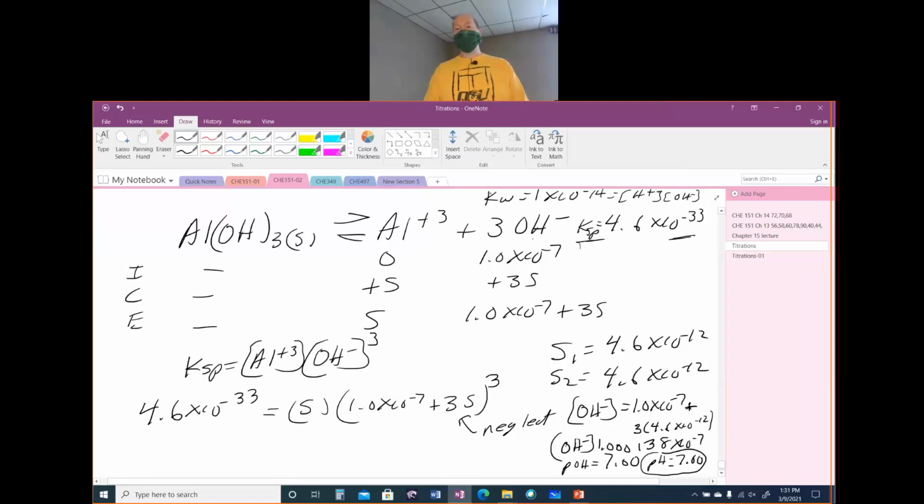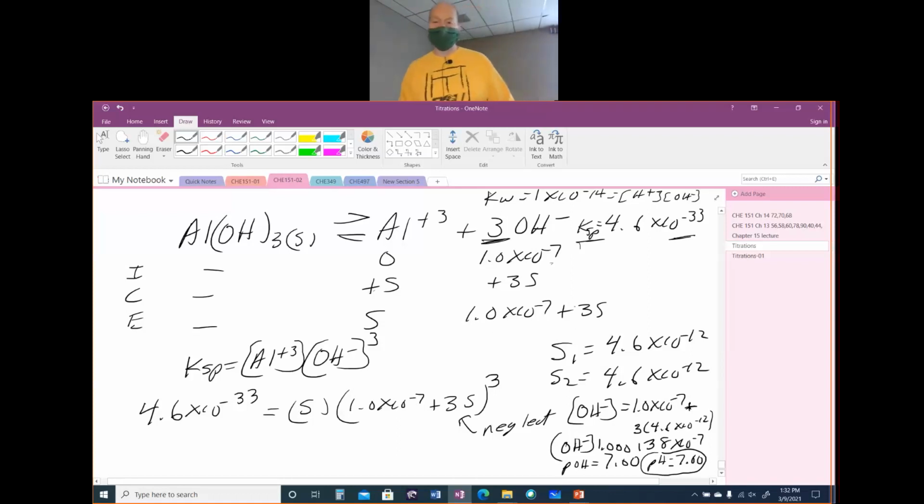So our OH minus concentration is 1 times 10 to the minus 7. So you cannot have a 0, and so at equilibrium, you have your plus S and your plus 3S for your OH minus. So at equilibrium, we have our solubility, S for the aluminum plus 3, and 1 times 10 to the minus 7 plus 3S.